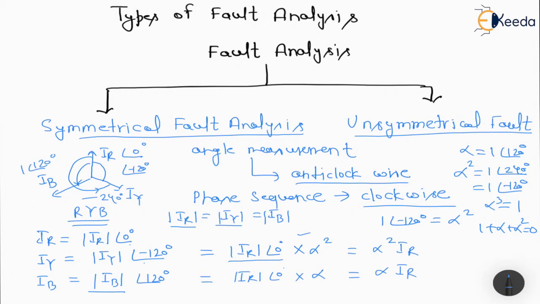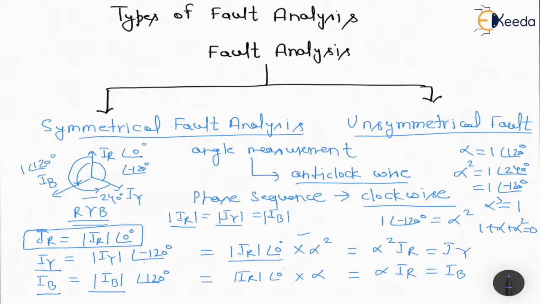So there is one common thing here. If we are studying the symmetrical condition, then we can calculate on a single phase basis. Means if you are calculating the phase current IR, then you do not need to calculate IY and IB differently. If you multiply alpha square into the IR vector, you will get IY, and if you multiply alpha into IR, you will get IB.